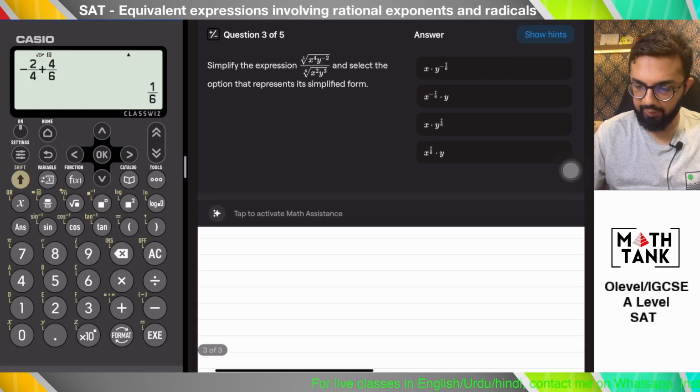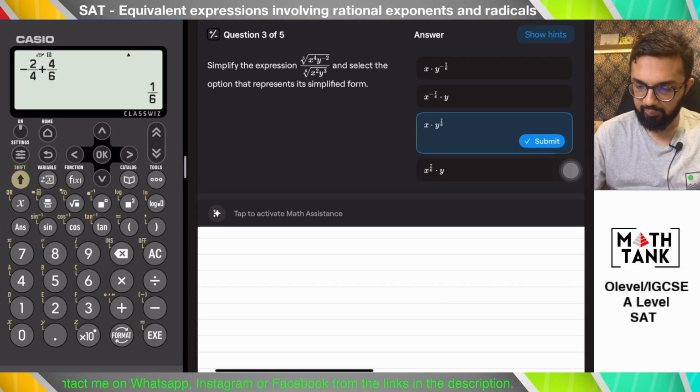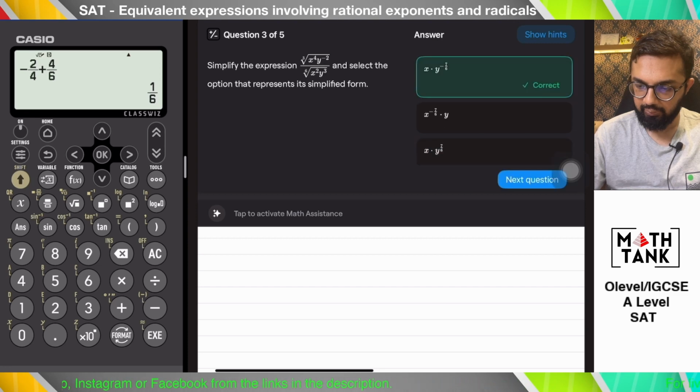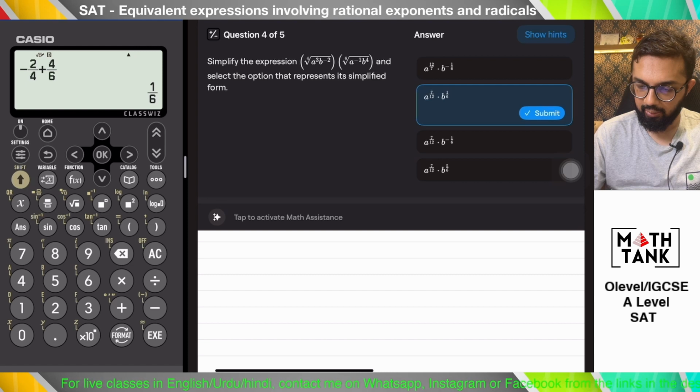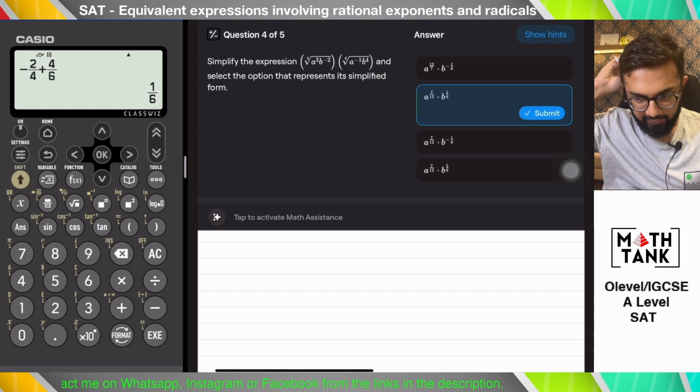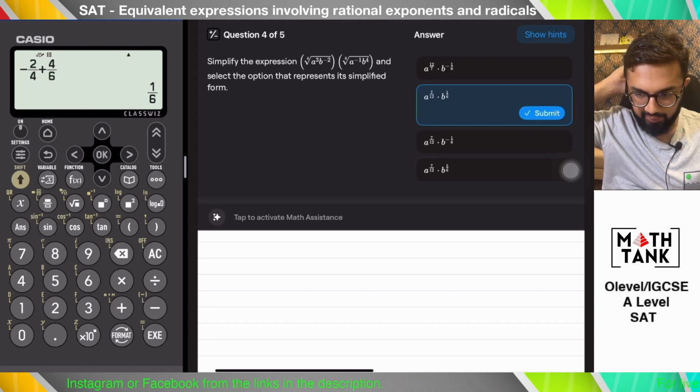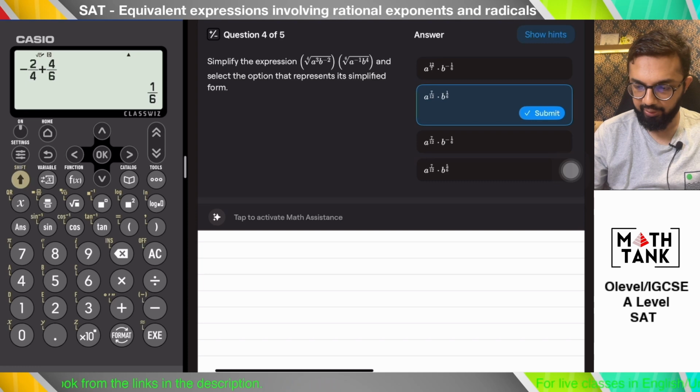I remember most of the answers, so I'm just doing them very quickly. 3 over 4 minus 1 over 6, so 7 over 12, minus 2 over 4, minus half plus 2 over 3.